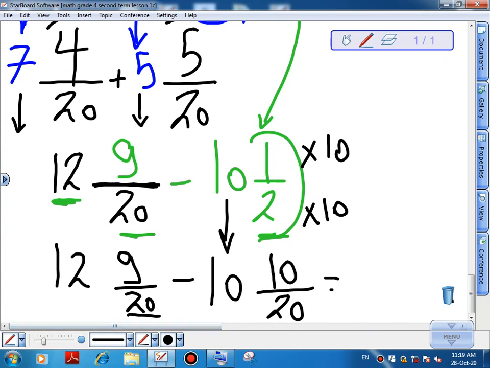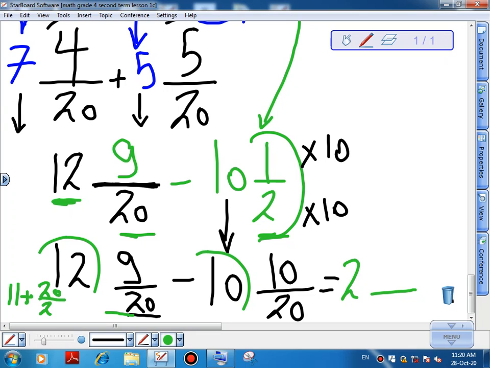Okay, we will subtract the whole numbers first, 12 minus 10 equals 2. Then subtract the fractions, 9 over 20 minus 10 over 20. I can't, so we first rename this number like 11 plus 1, which is 20 over 20, plus 9 over 20, like this.